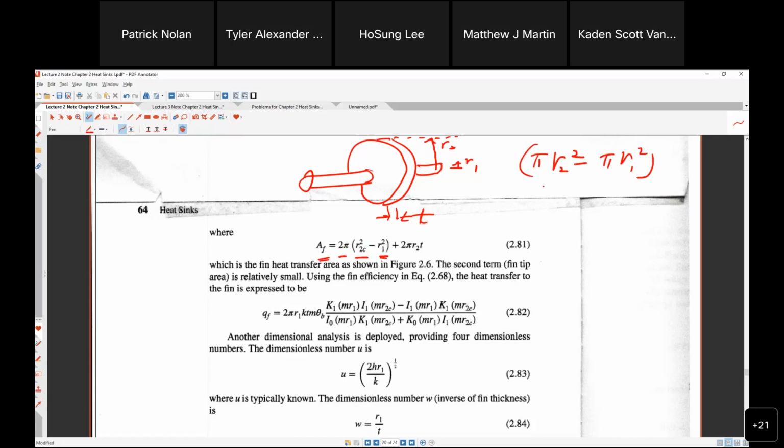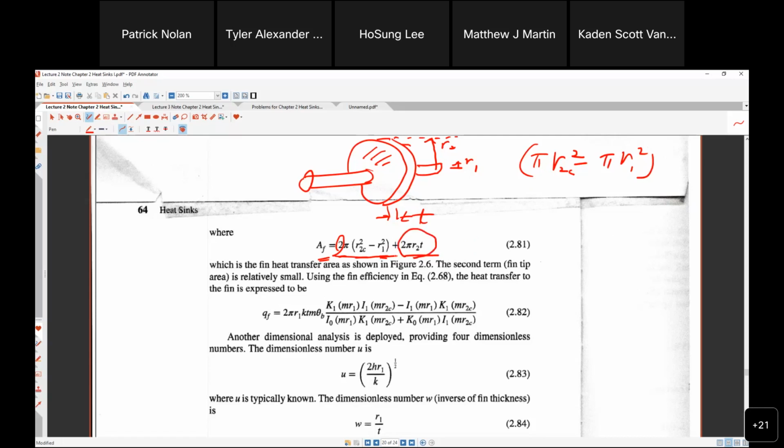But the area is two areas, this one and the other one here, so I have to multiply by 2. Make sense? Yes or no? Did you say for R2C we can just use R2? Yes, R2C is the same as R2. So we don't have to add the T over 2? No, that's small and negligible.